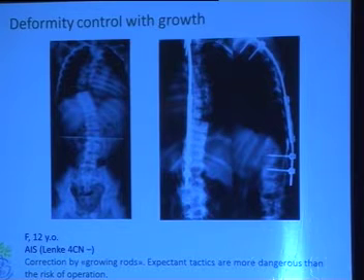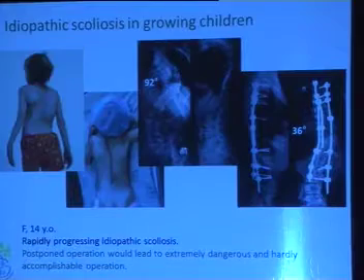Deformity control with growth is the biggest group, early and older idiopathic scoliosis in elder patients, Lenke type 4C and minus, with correction by growing rods to the internal side of the curvature, because expectant tactics are more dangerous than the risk of operation.